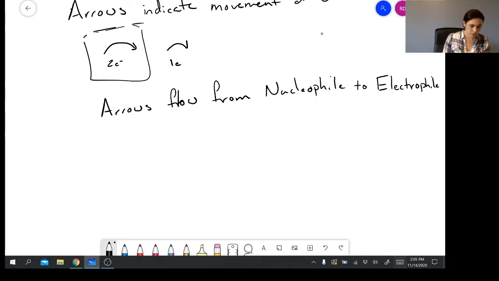All right, so an example of this would be this here. So this is carbonyl chemistry, something we're not going to see much of in this course, but let's just take this as a practice of electron flow.